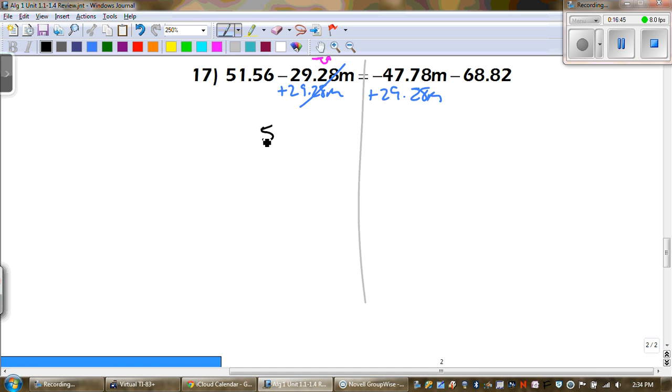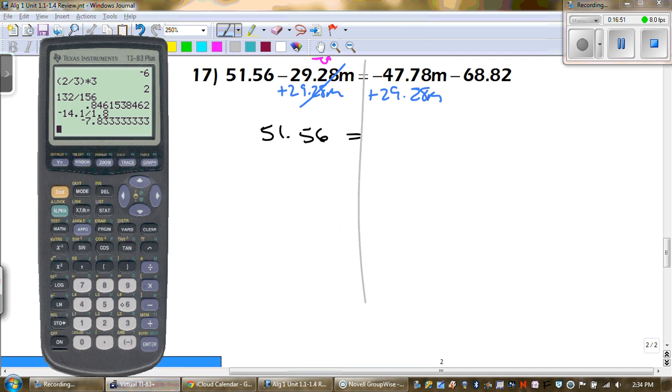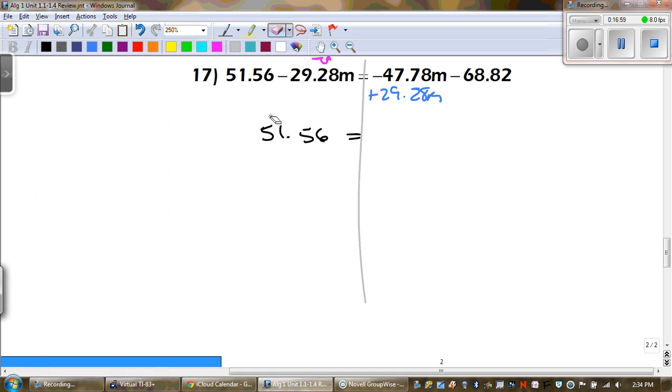We're left with 51.56 equaling, we got negative 47 points. Oh, you know what, guys? Mr. Grice is a little out of it today, okay? We have to move the smaller variable. That's the 47.78. I'm sorry.